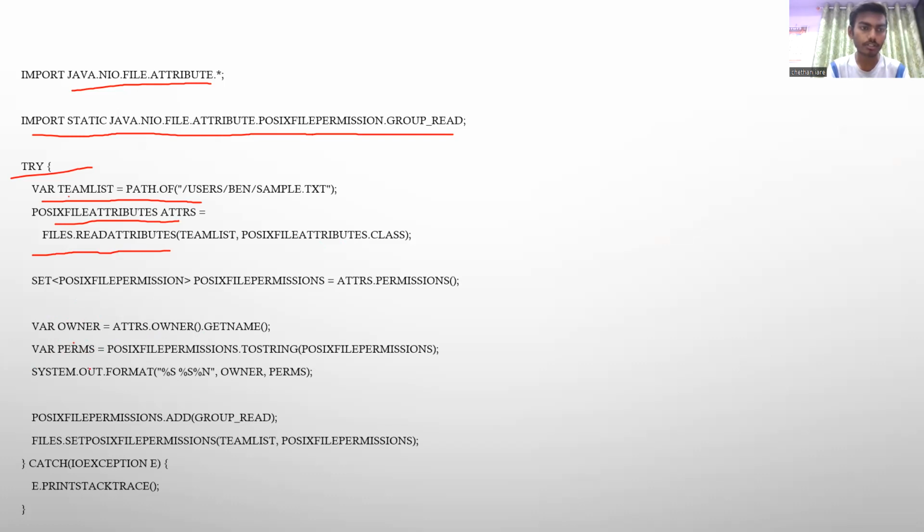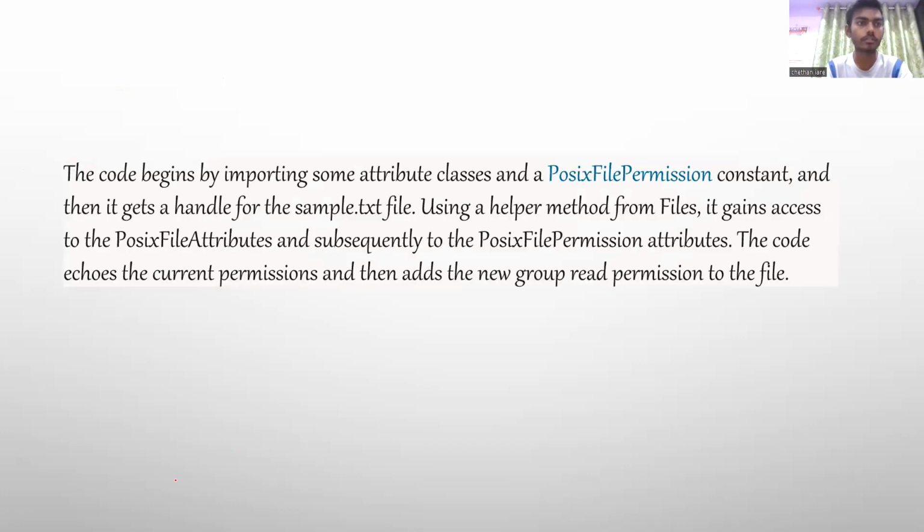Next, the variable permissions equals attrs.permissions. Next, System.out.format prints the various attributes, the owner, the permissions, and next the POSIX permissions add GROUP_READ. And next, by using Files.setPosixPermissions, we can set the POSIX permissions. So this is the code.